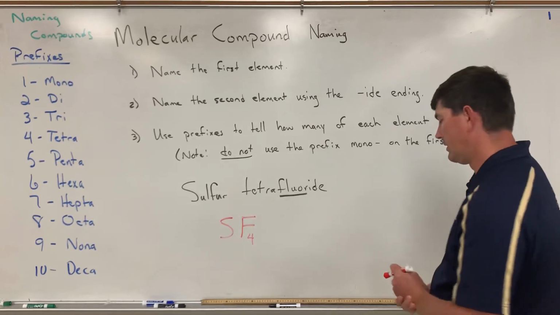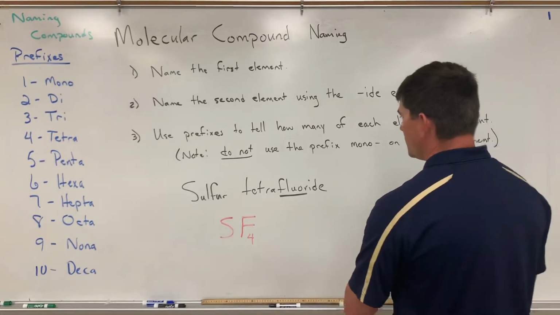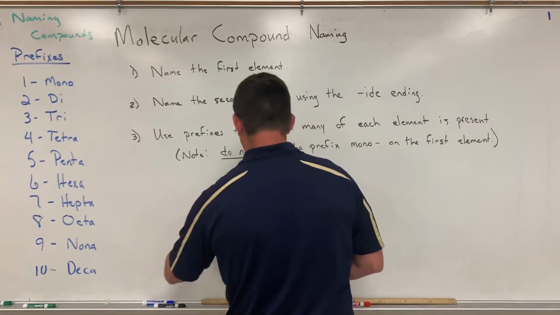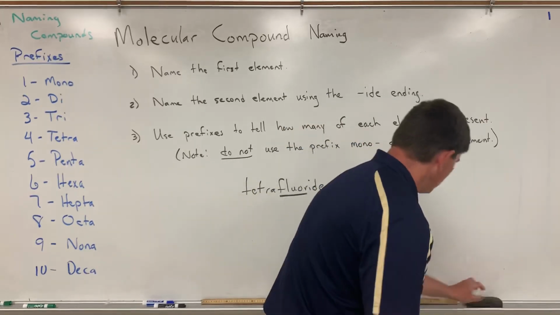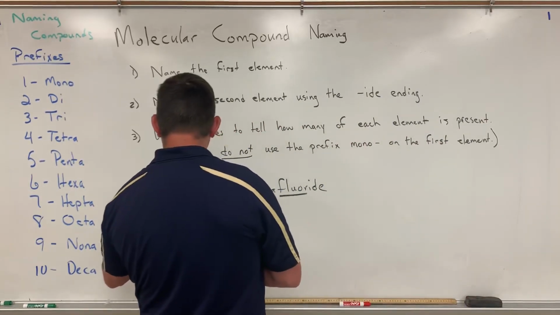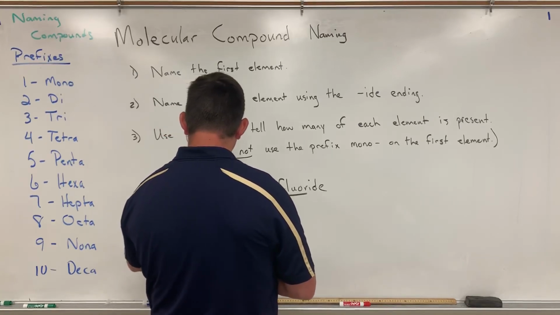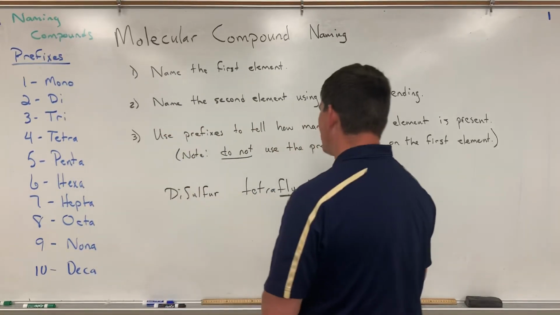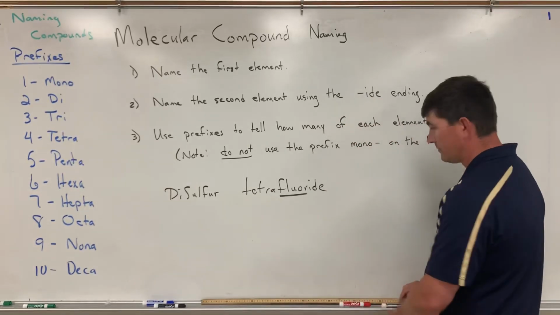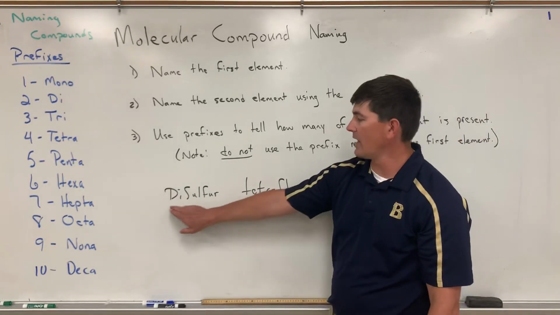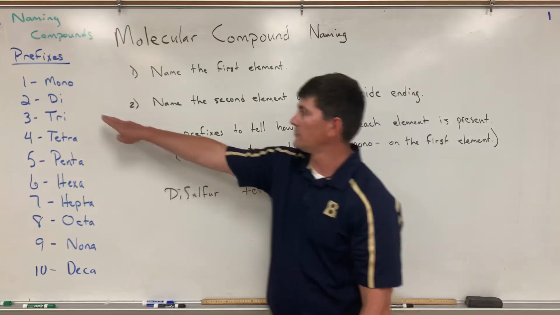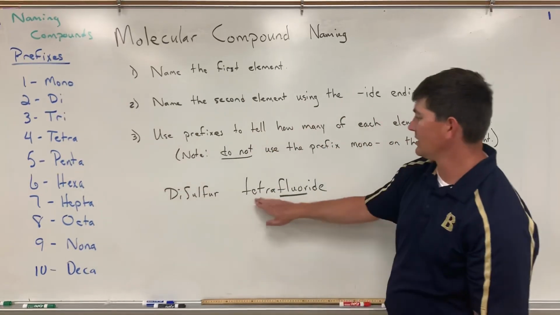Okay? I'll give you another example very similar to that. If we take these same two things and say disulfur tetrafluoride, okay, so I can see here that now I've got a di, meaning I have 2 sulfurs, and then tetrafluoride.